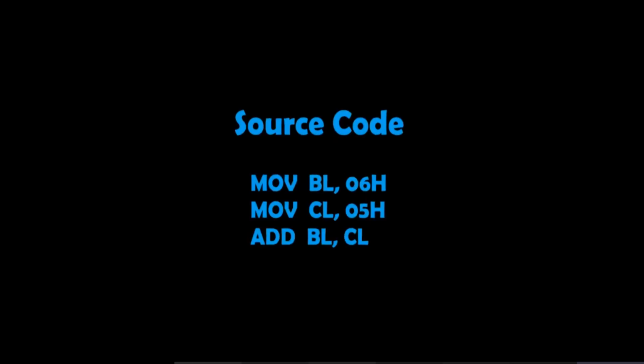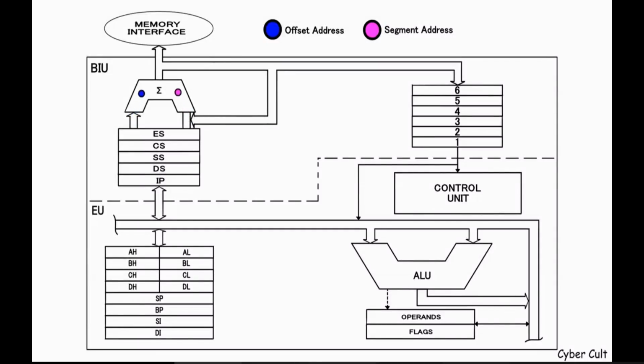So this animation is all together about this code. This is all about this code, how this code will be executed. Now look into this first. Are you guys able to see this? Yes, sir.